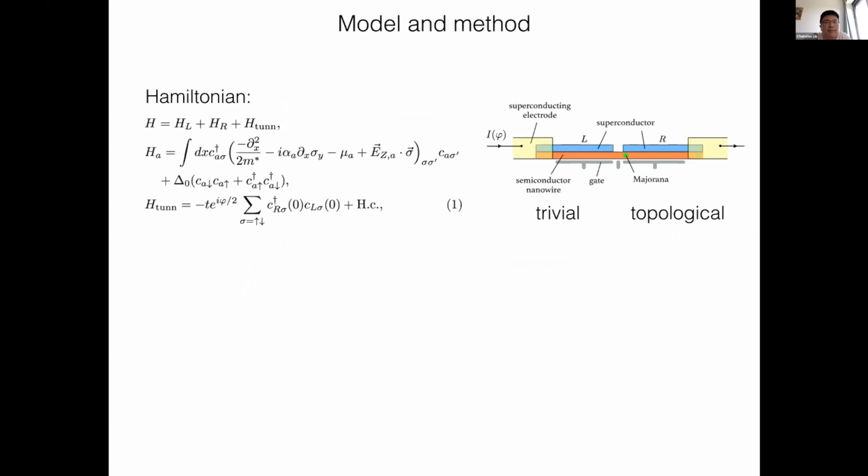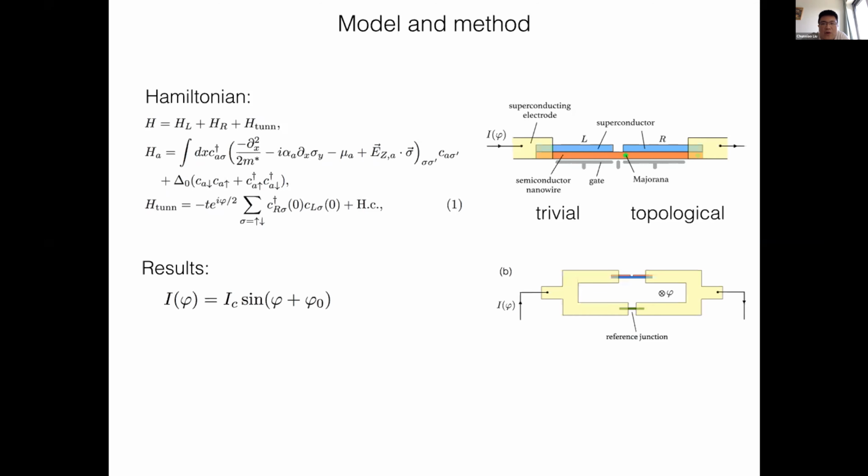The model Hamiltonian we use is the one-dimensional hybrid system between a spin-orbit coupled semiconductor and an S-wave superconductor. We assume that we can tune the parameters for the left and the right superconducting leads independently. For example, they have a split gate so that we can tune the chemical potential in each lead.